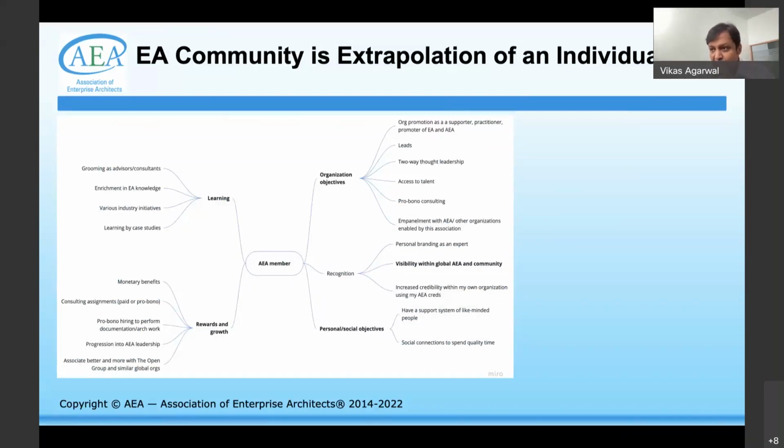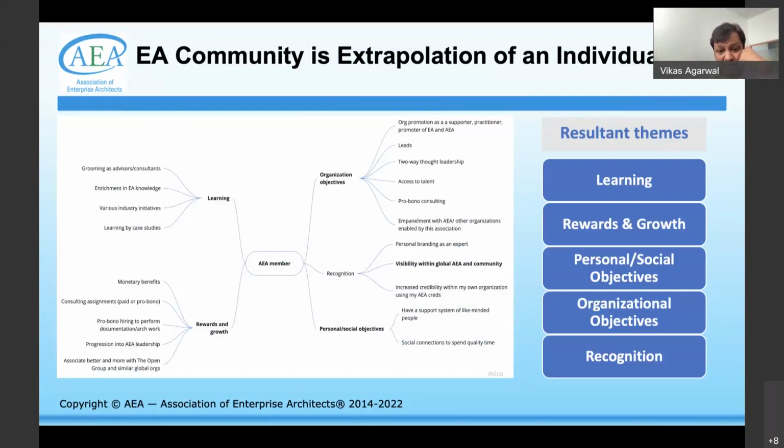As you can see on the slide, there are learning goals, rewards and growth, personal and social objectives, organizational objectives, and of course, the recognition. One of the key themes that we see, and that's the reason why we kept learning at the top, is that all of this is revolving around learning.